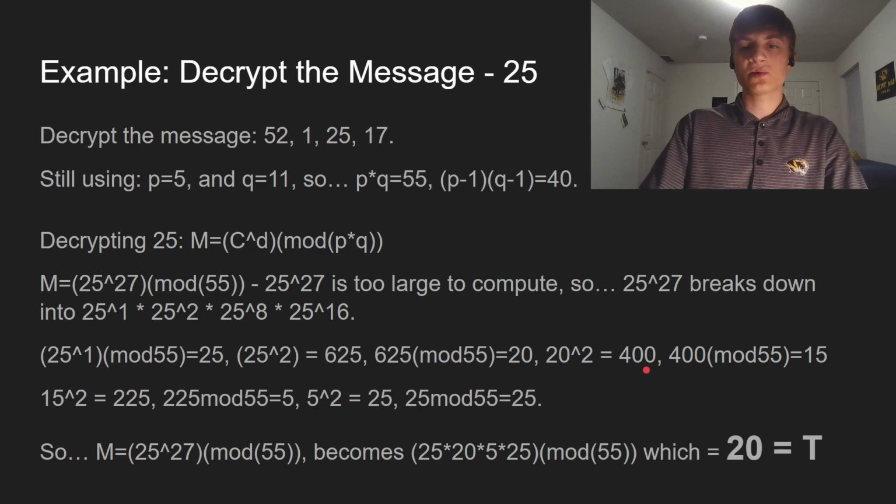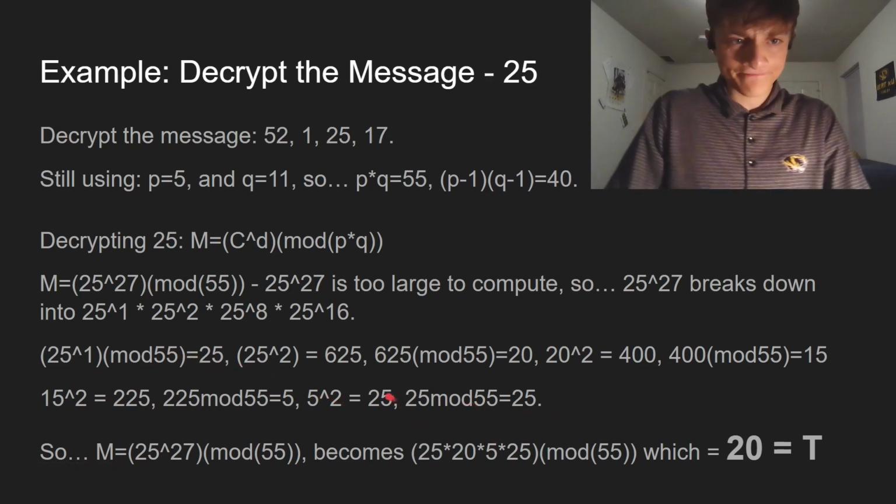The 20 squared becomes 400, and then we take 400 mod 55, and that equals 15. Then we use that 15 squared to become 225, and 225 mod 55 is 5, and then we take that squared, which is 25, mod 55 is 25. So it kind of loops back, which I thought was interesting.